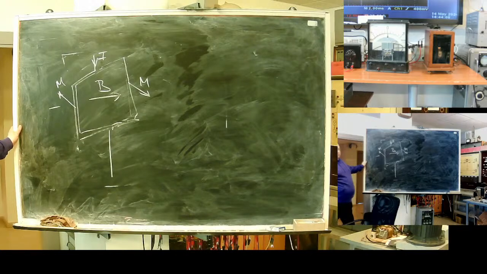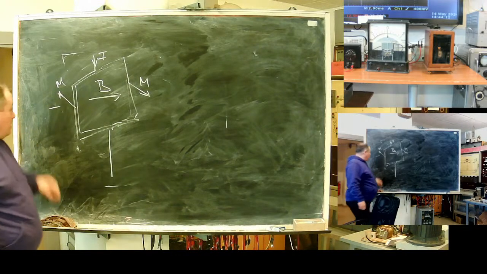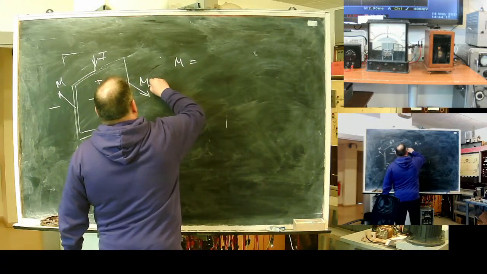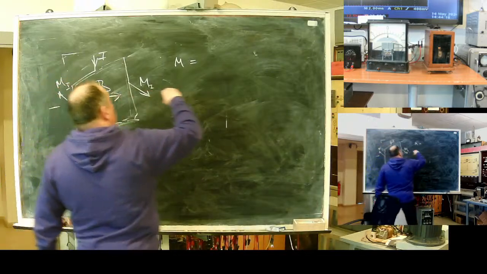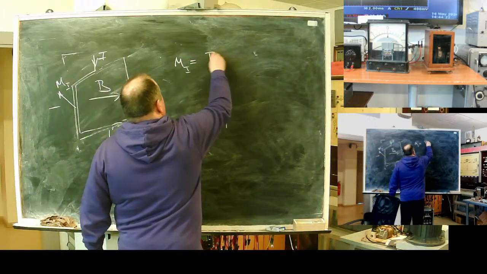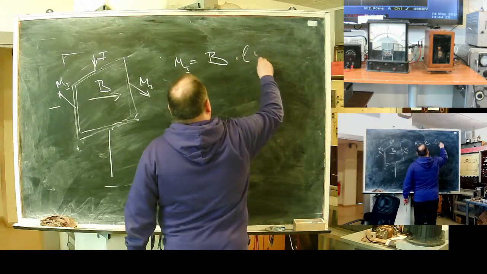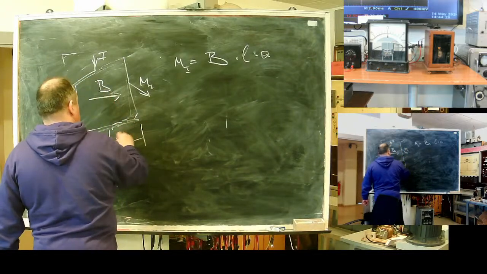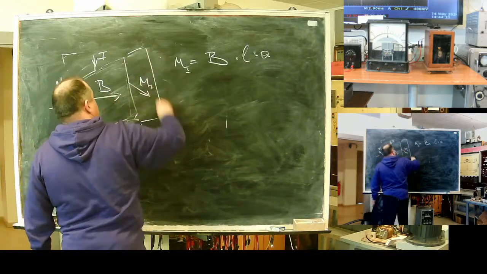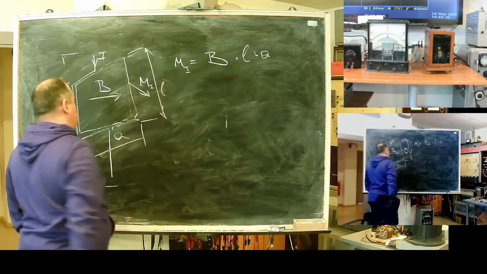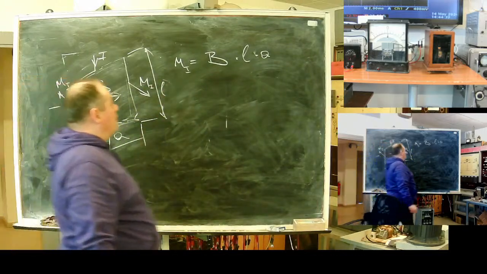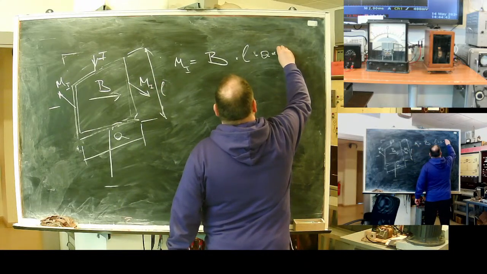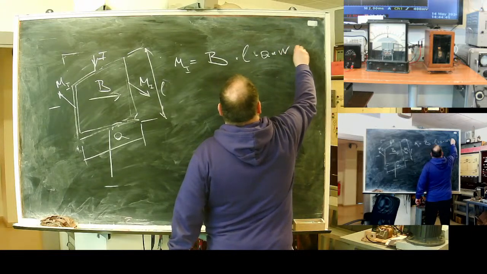It will try to rotate. This moment from current can be expressed as induction B multiplied by length L multiplied by A, where A is the width and L is the height, multiplied by number of turns and multiplied by current.